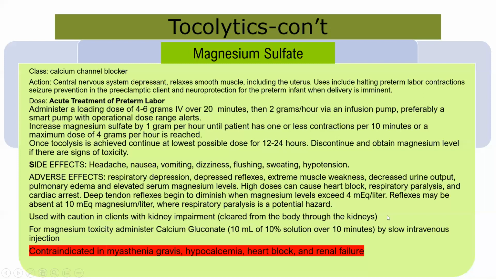Again, each hospital is going to set their own standard, but in order for a patient to be at a therapeutic dose, it's somewhere between 6 and 8 milligrams per deciliter. Once they get past that, we are now moving into the level of respiratory depression, respiratory paralysis, and potential cardiac arrest. And we certainly don't want to do that. Again, contraindicated in myasthenia gravis, hypocalcemia, heart block, and renal failure.